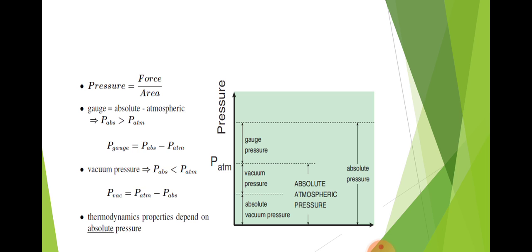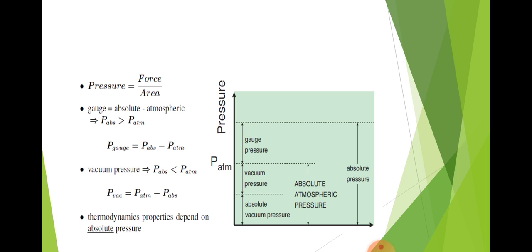Once again I tell you, gauges which measure pressure greater than the atmospheric pressure are known as pressure gauges. A pressure gauge attached to a vessel indicates the difference between the pressure inside the vessel and the pressure of the atmosphere.